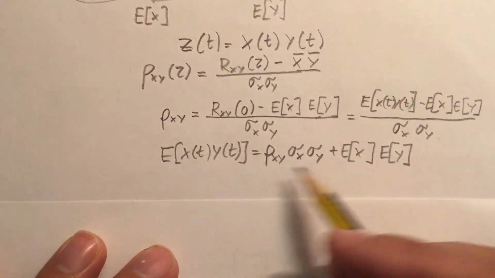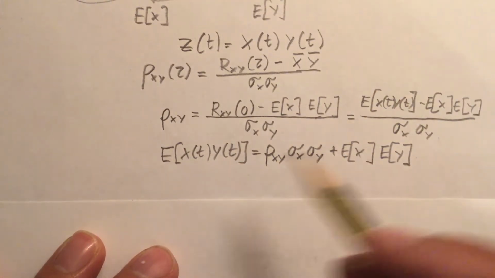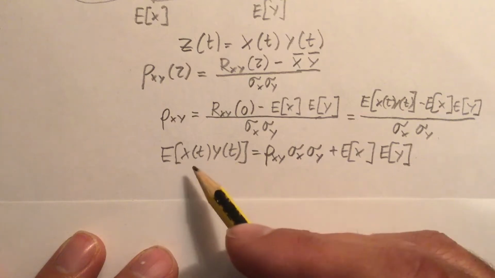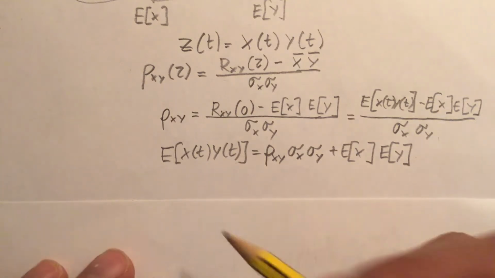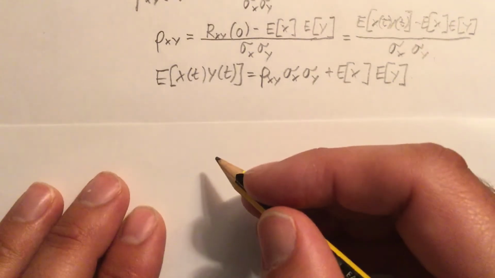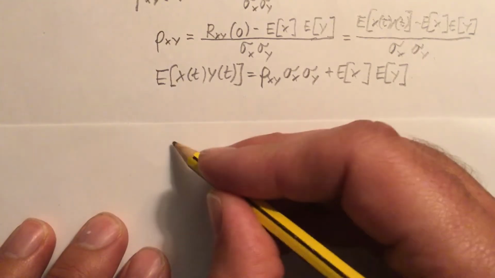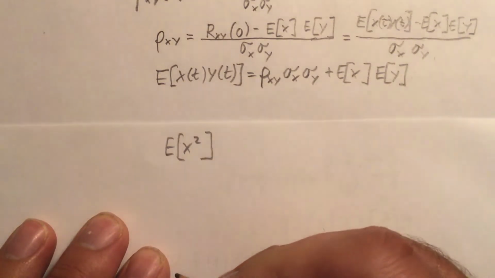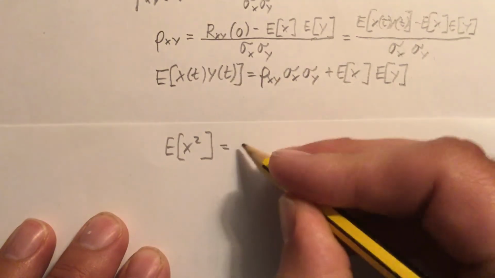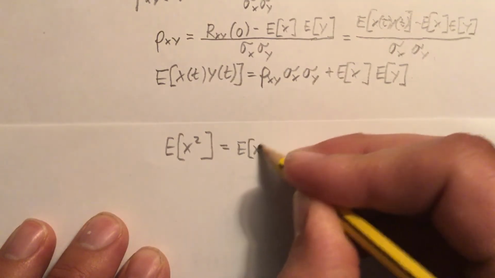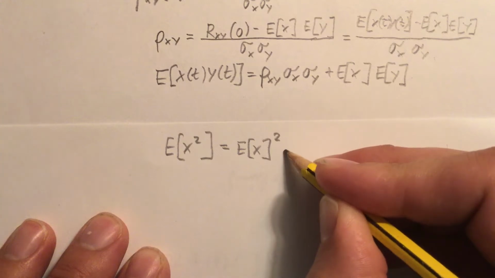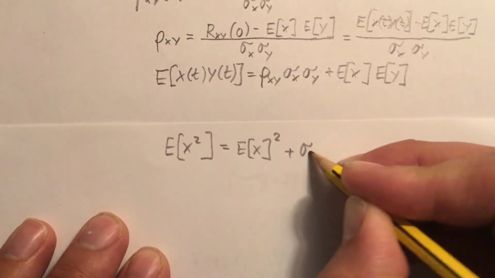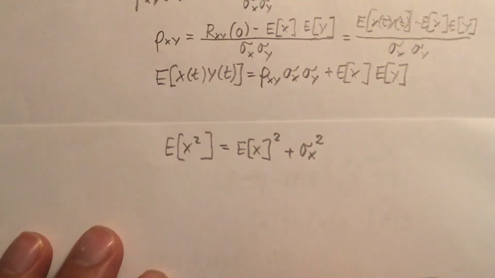One is this, which we have just found about the expected value of the product of two signals. The other is the result according to which the expected value of the square of a signal is equal to the square of its expected value plus its variance.